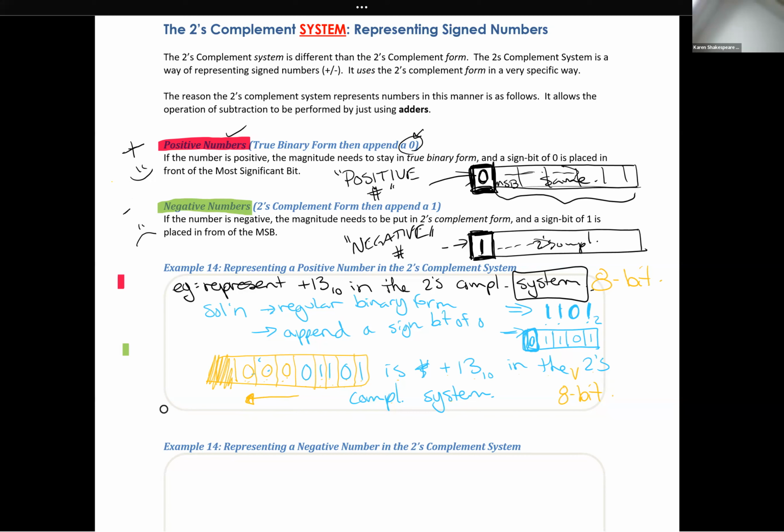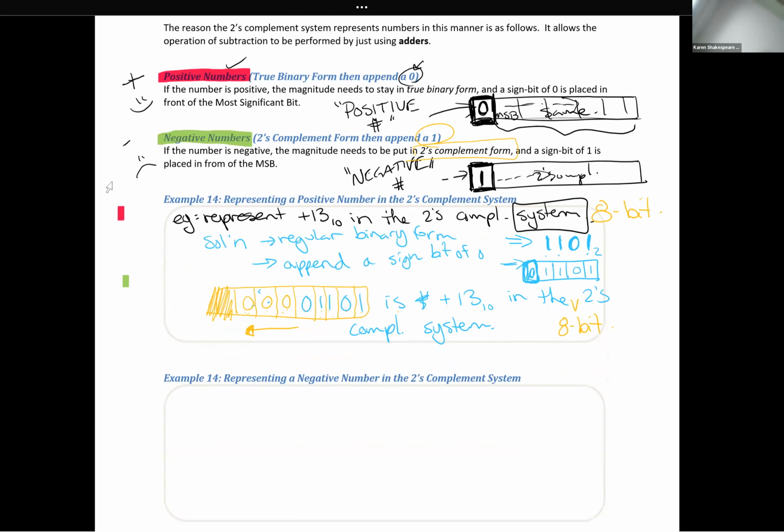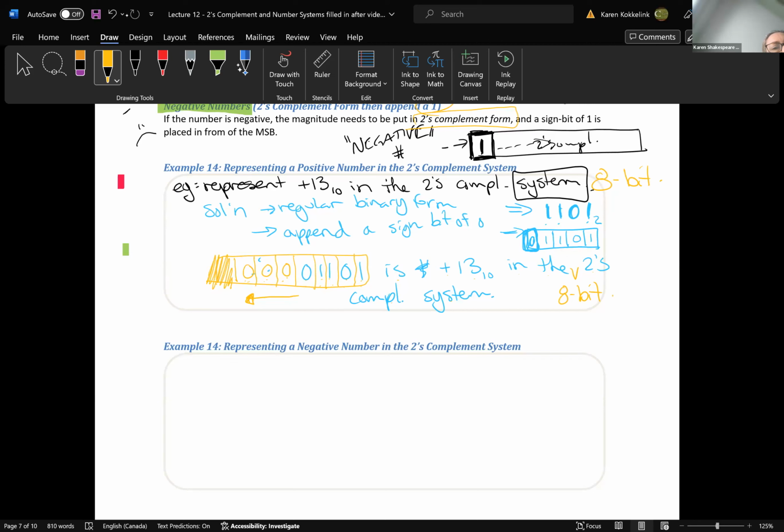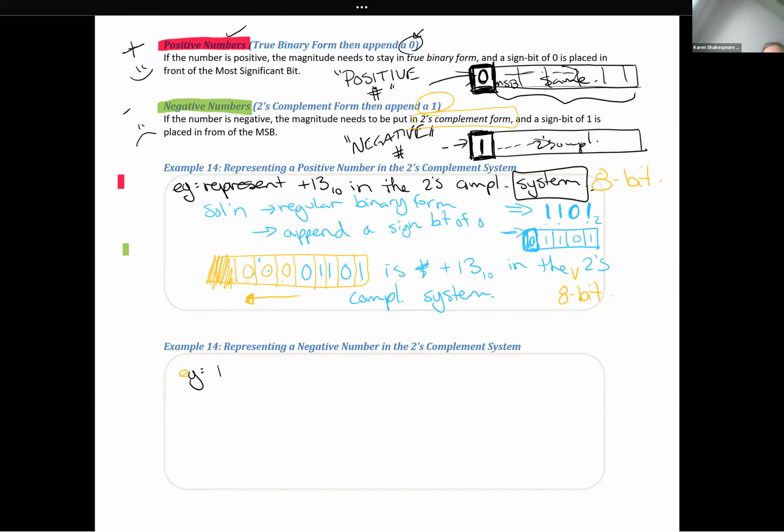What would you have to do for a negative number? You would have to append a 1, and you would also have to put the number in the 2's complement form. So let's do that as an example. Negative 9 base 10 in the, let's do 5-bit 2's complement system.